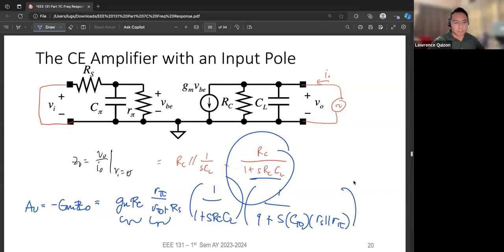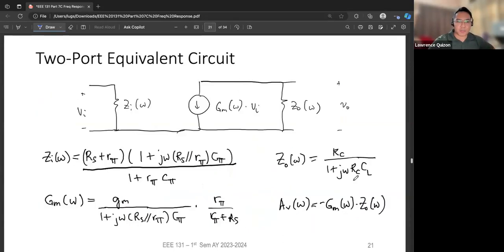All right. So that's basically the response of the CE amplifier, and we summarize that here. So again, GM was affected. It adds a single pole to GM. It adds another pole, a different pole, to the output impedance, which we've already seen from the CL only analysis earlier. And we also have the effects on AV, which is just compounded effects on GM and Z out.